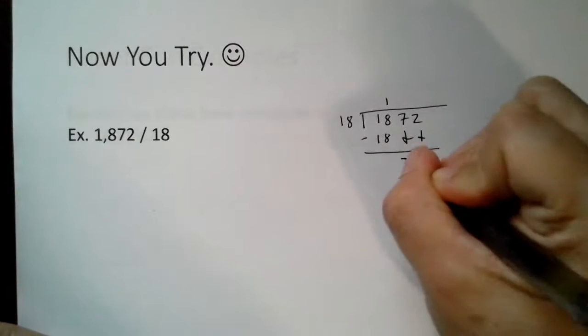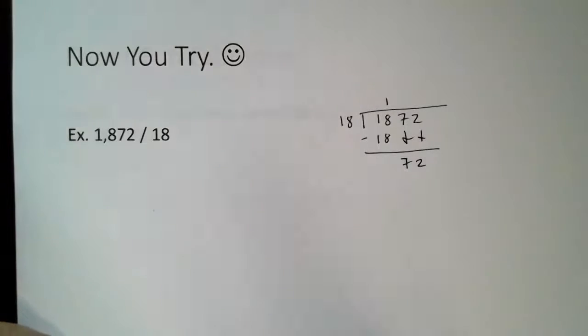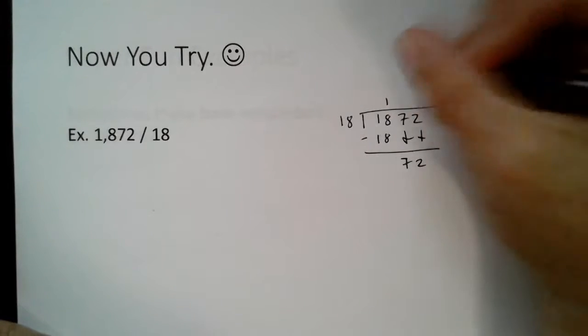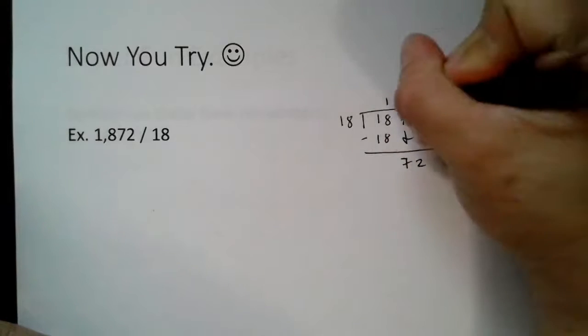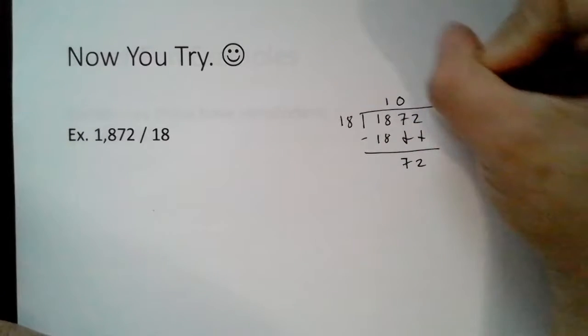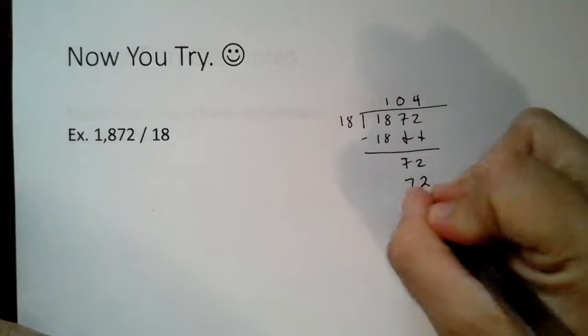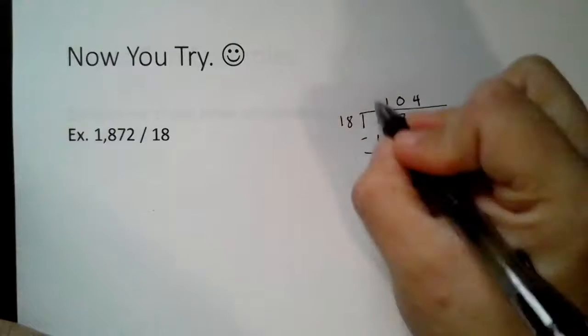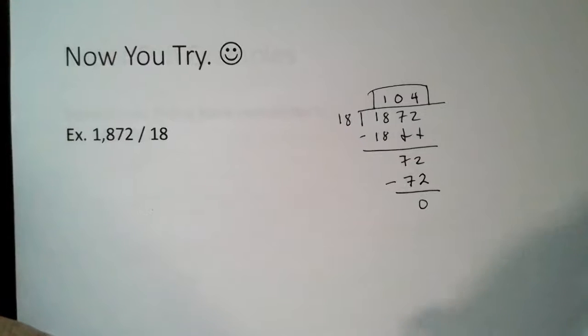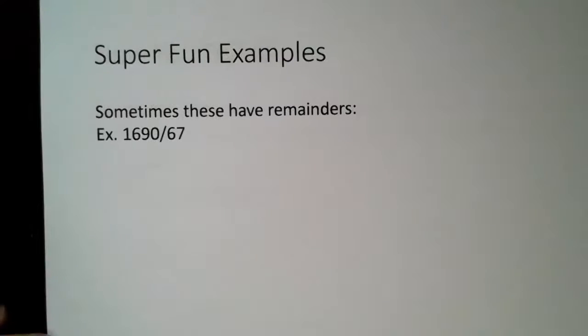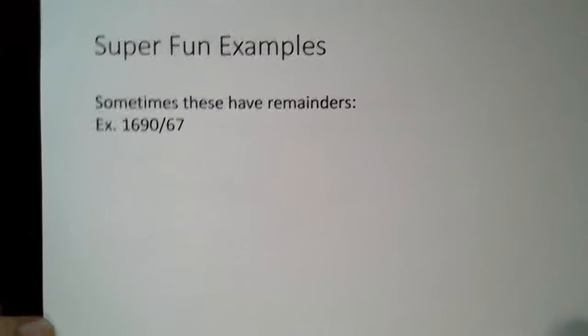We get 72. 18 goes into 72 how many times? 18 goes into 70 times, but 18 goes into 72 4 times exactly. So that's it. If you got 104, give yourself a pat on the back. There you go. Okay, let's do some more super fun examples.